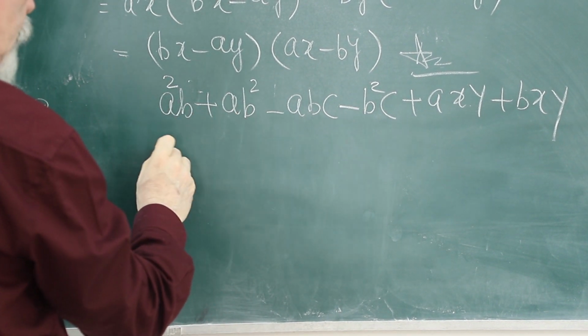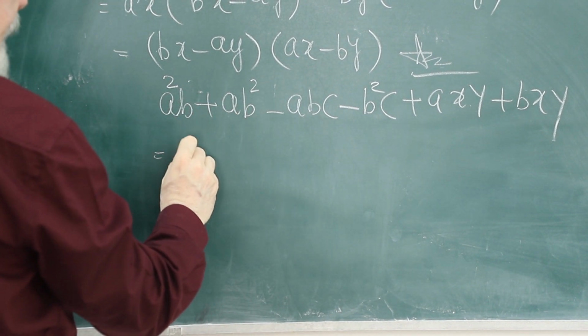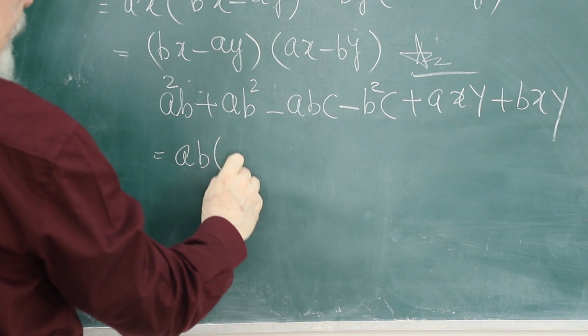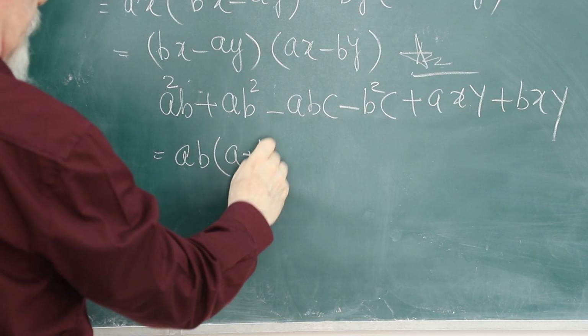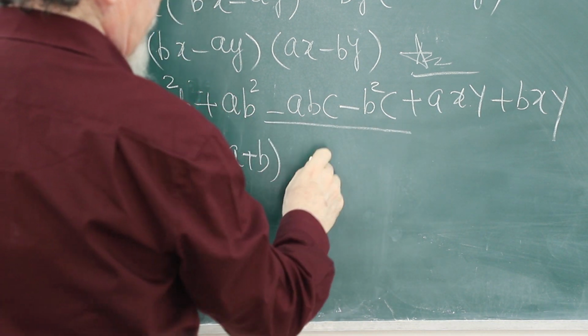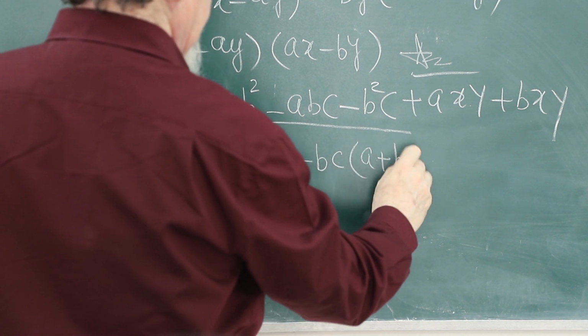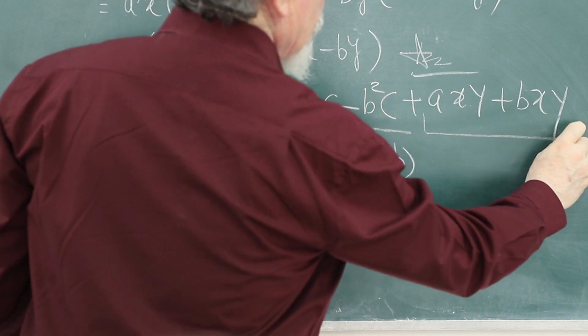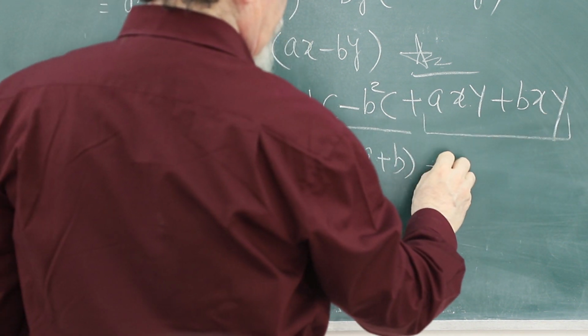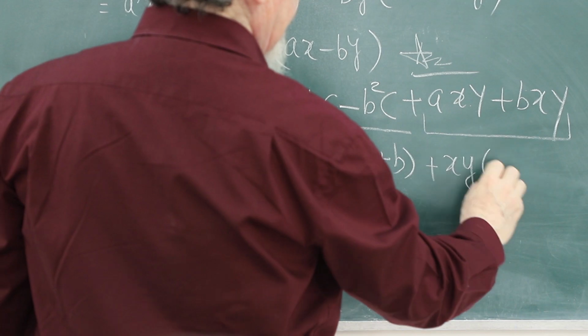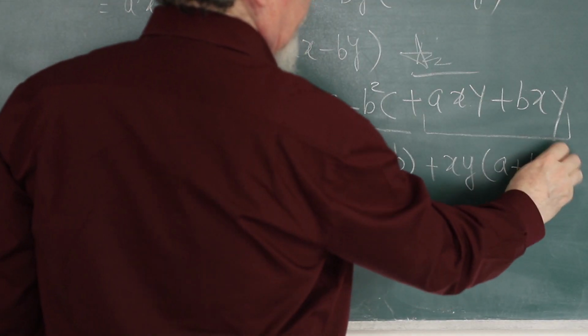Out of the first 2, I'll take ab common. It will remain a plus b. Out of the next 2, I'll take minus bc common. It will be a plus b. And out of these 2, I'll take xy common and a plus b is left.